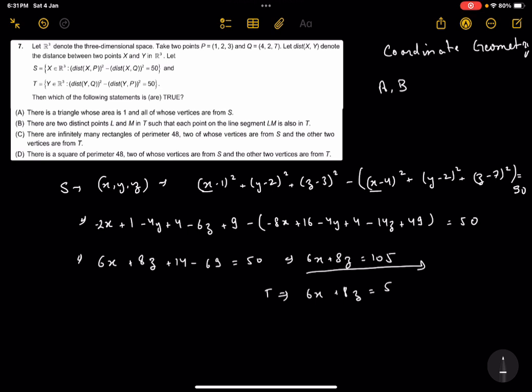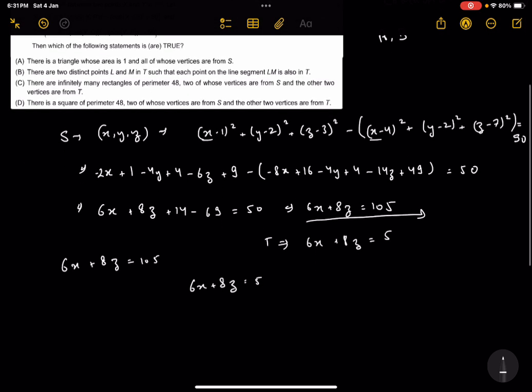So the distance between the two planes 6x plus 8z equals 105 and 6x plus 8z equals 5.